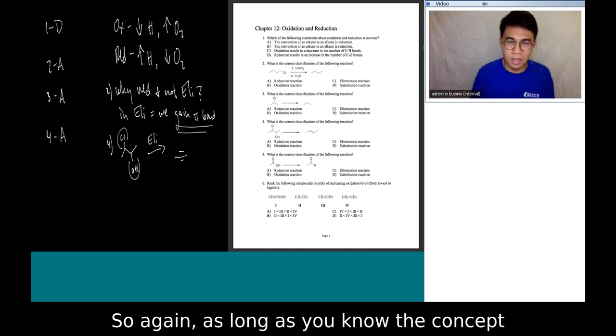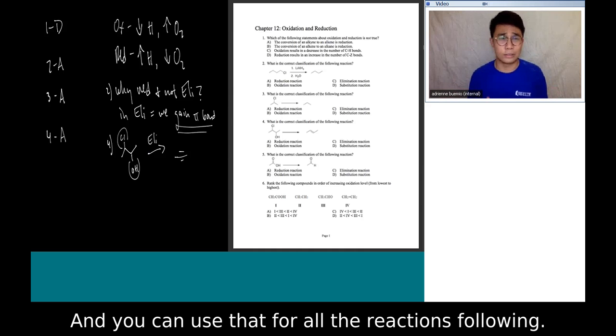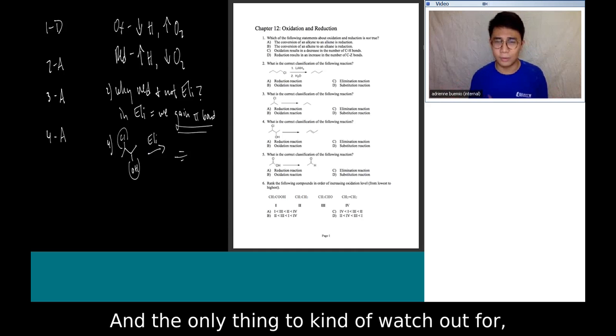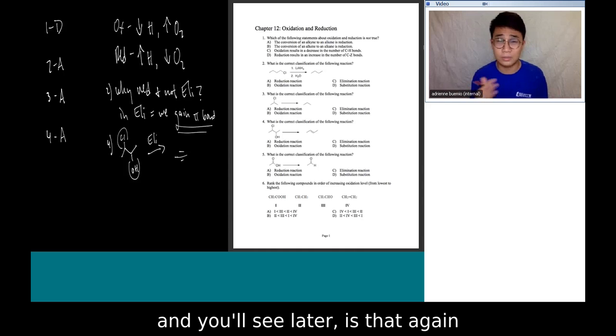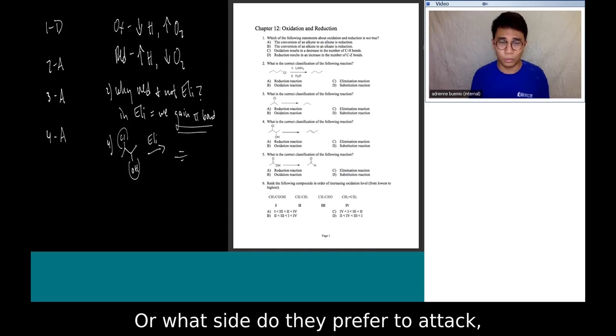So again, as long as you know the concept of oxidation reduction, you're pretty much good to go, and you can use that for all the reactions following, right? Because it's the same concept. And the only thing to watch out for, and you'll see later, is stereochemistry like syn and anti, or what side do they prefer to attack?